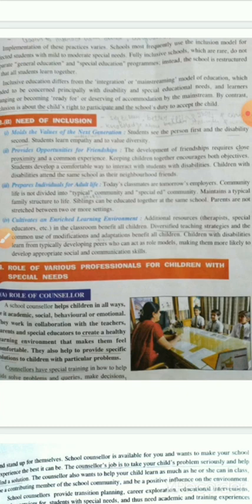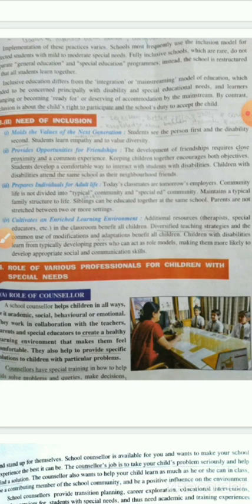If a disabled person is educated with a non-disabled person, then the different therapies and special educators also benefit the non-disabled person. They also get benefit from this.